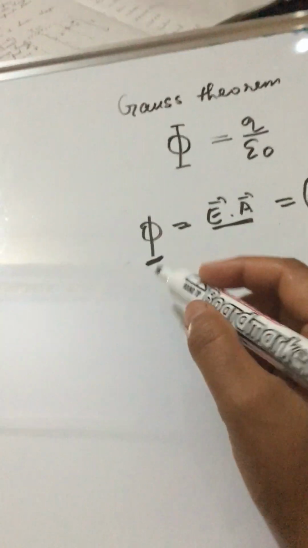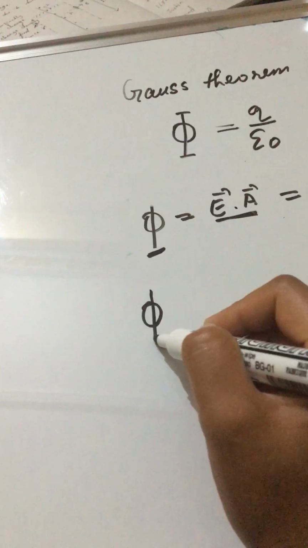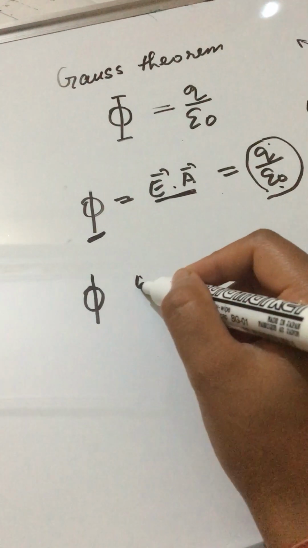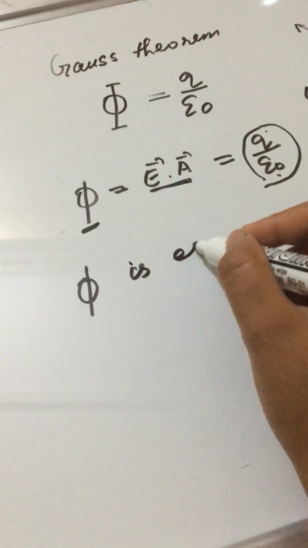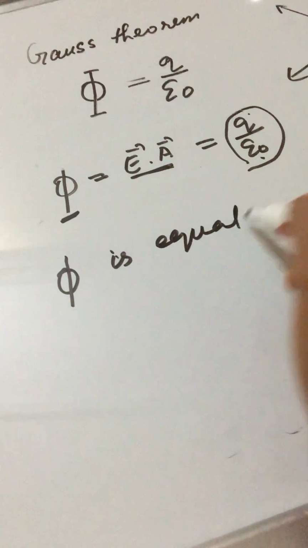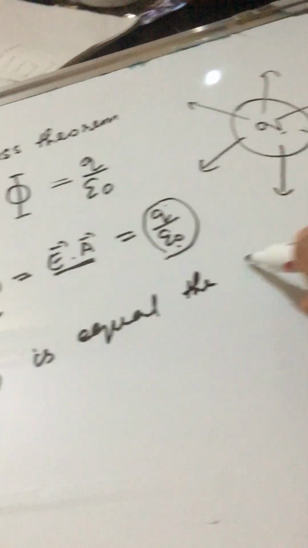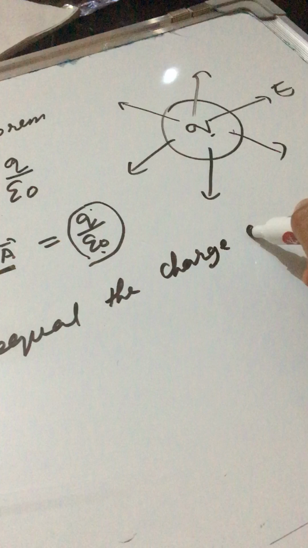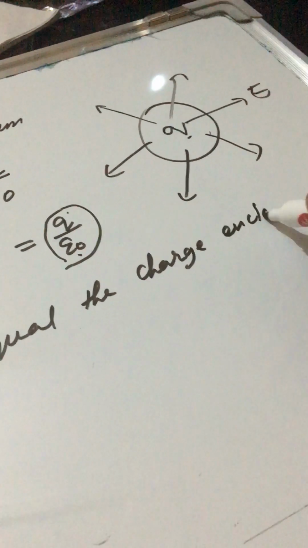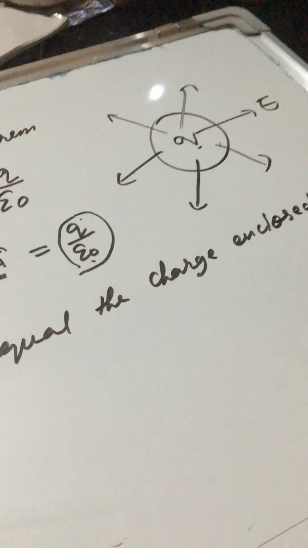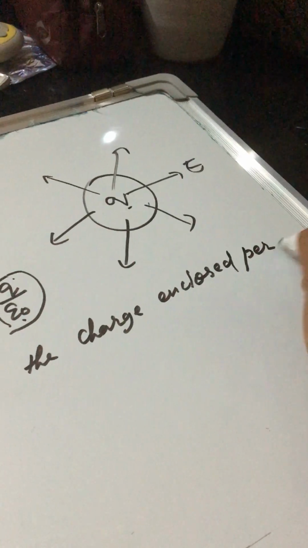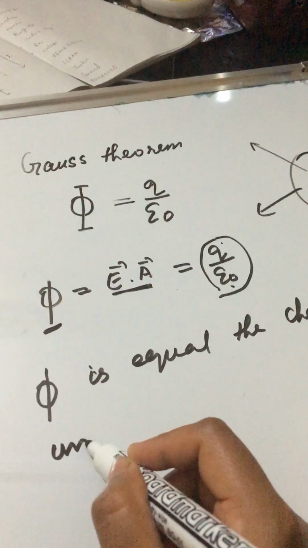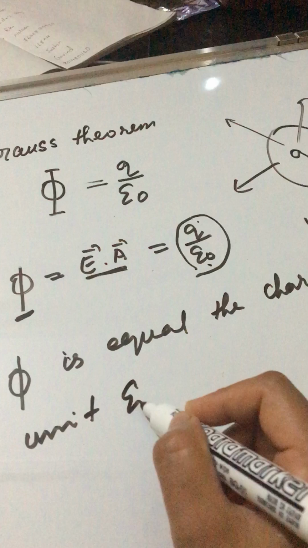So it says the flux through a closed surface is equal to the charge enclosed per unit epsilon naught.